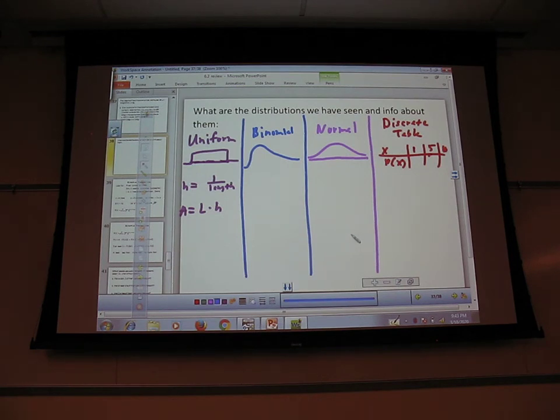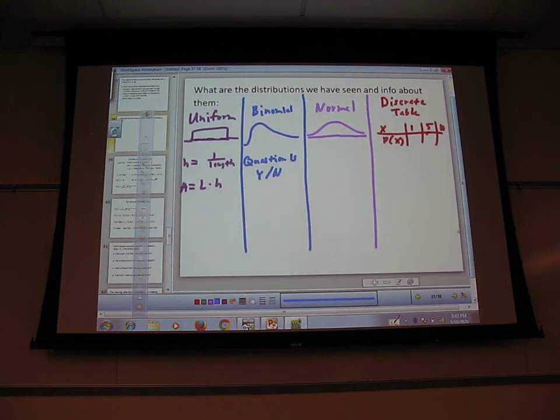What do we know about binomial? The question is yes or no. Does that make sense? Okay, what else? It's discrete. Good, we know that. What else do we know? The probability.